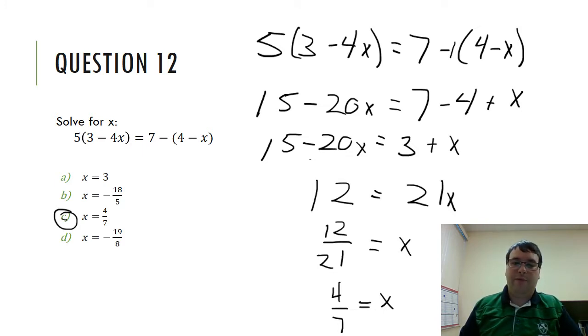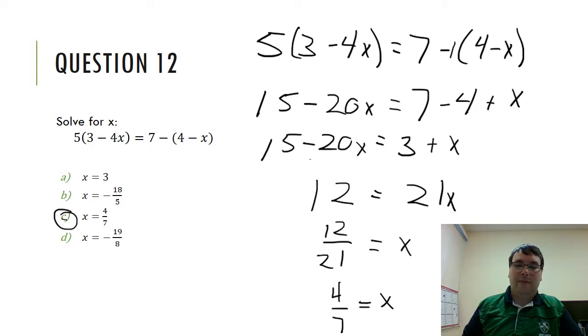So that's going to give me 15 minus 20x right away on the left side. On the right side, think of this minus as like a negative 1, if it helps. So I'm going to have 7 minus 4 plus x. Notice that sign change. That's a negative 1 times a negative x.